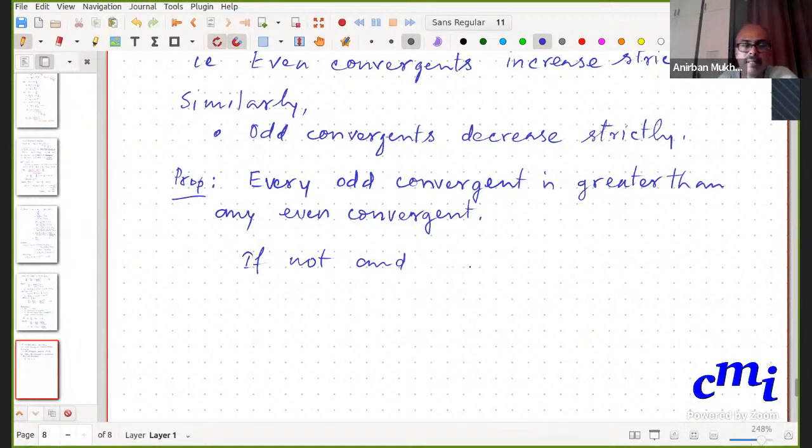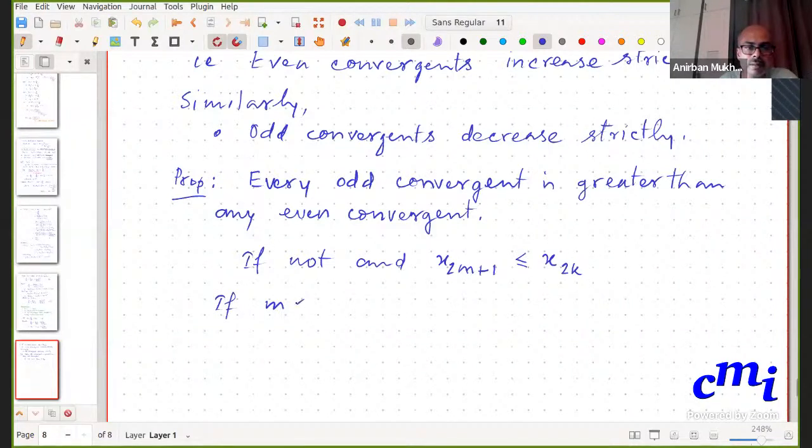So suppose at some place it is the other way around, that x2m plus 1, so that's an odd one, is less than or equal to some other x2k, for some m and k. So we need to compare this m and k.